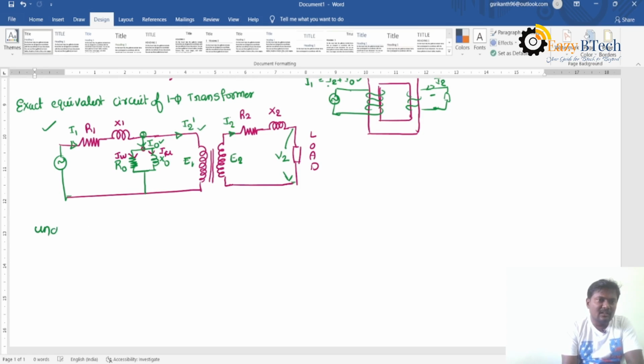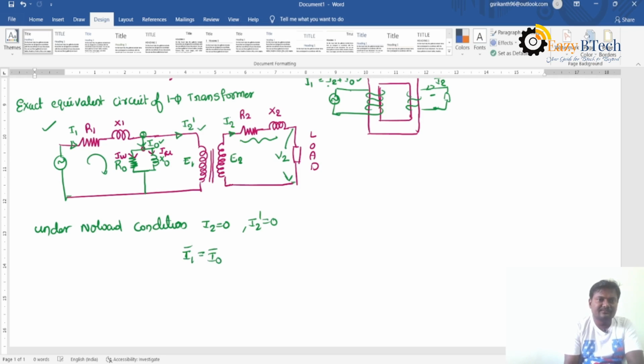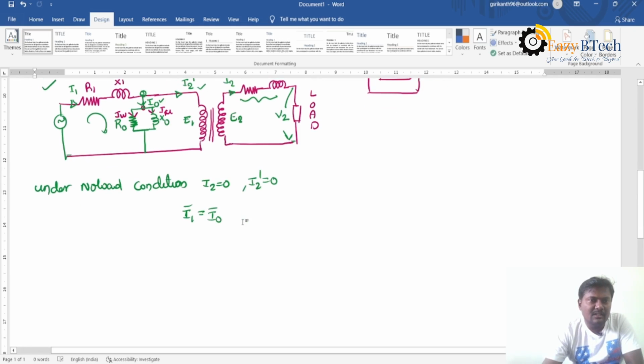So under no load condition, I2 is 0, the drop across this is also 0, and the reflected component I2 dash is also 0. Then the primary current I1 is equal to I0 bar only.